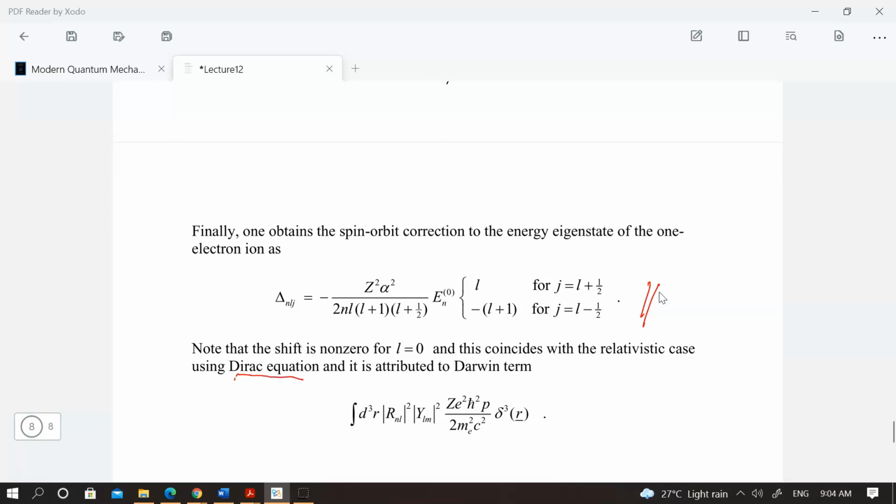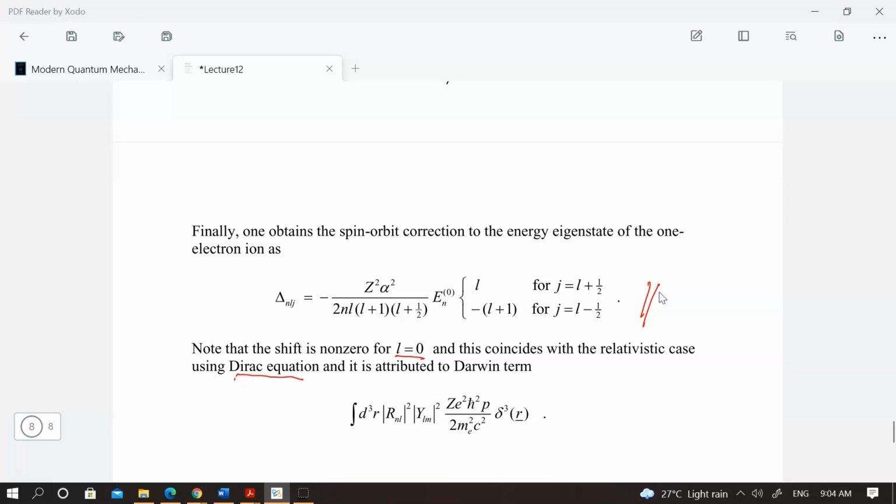And one of the things that we see over here that perhaps needs to be highlighted is the fact that you have L over here, you have L over here. These two L cancel for this part of the numerical answer here. And when this cancels, you actually observe a non-zero shift for L equals 0.